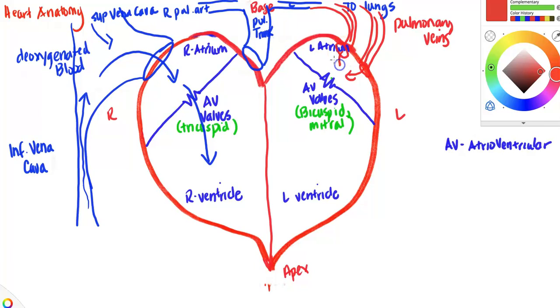So they carry the oxygenated blood from each lung back to the heart, and it goes into the left atrium. That blood is transferred down into the left ventricle. So it goes from left atria to left ventricle, and then it will pump the blood from the left ventricle into the aorta.